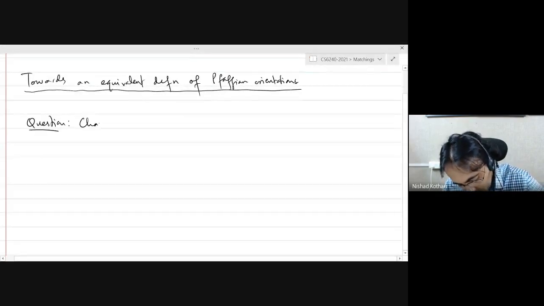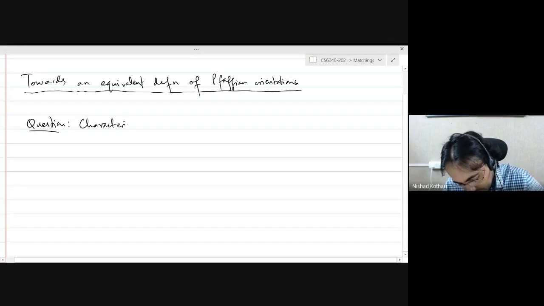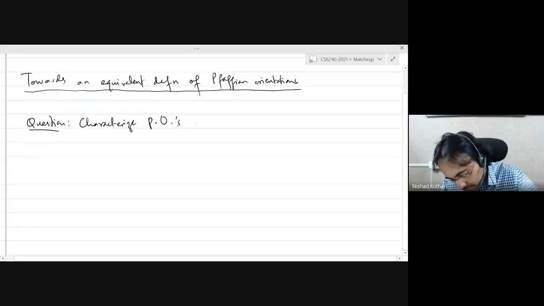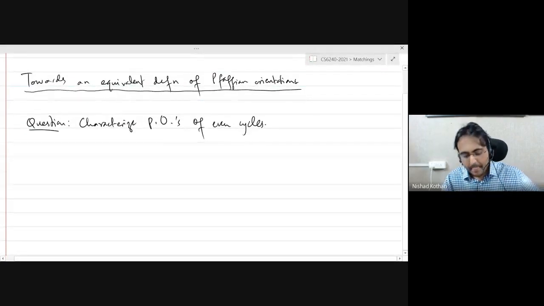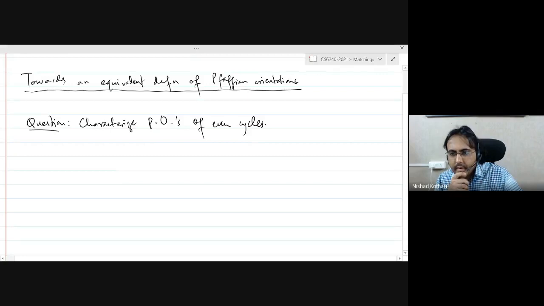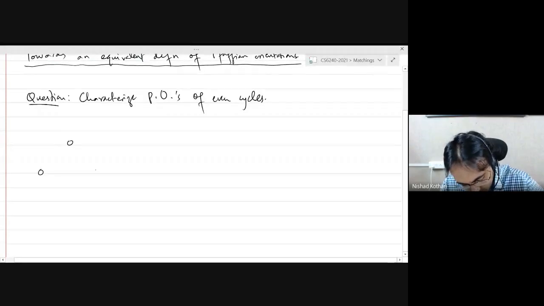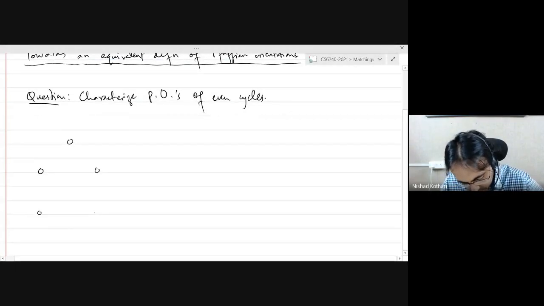The question is, can we characterize the Pfaffian orientations of even cycles? Let's start with a small example that will actually be good enough to generalize the observation.